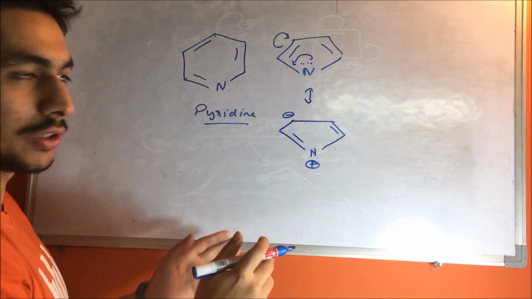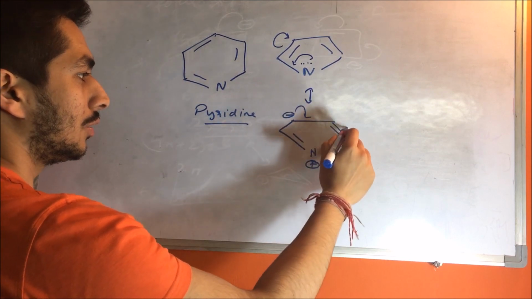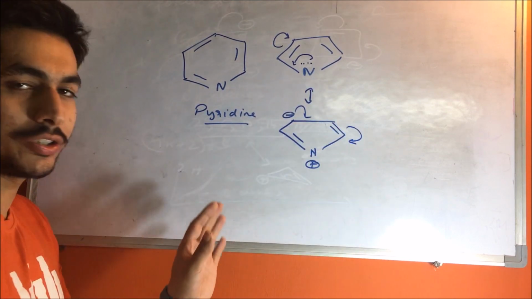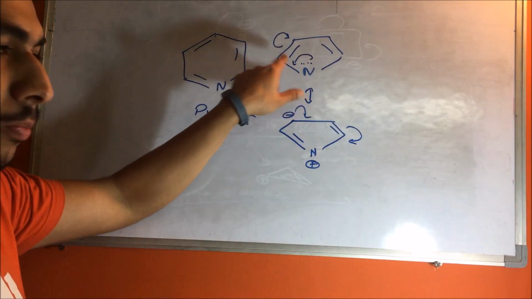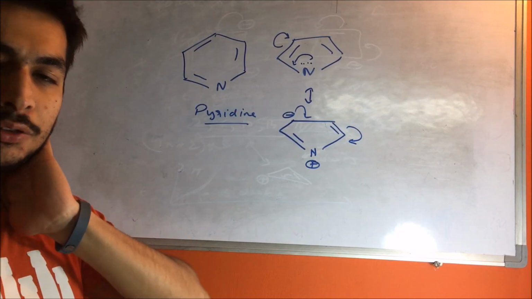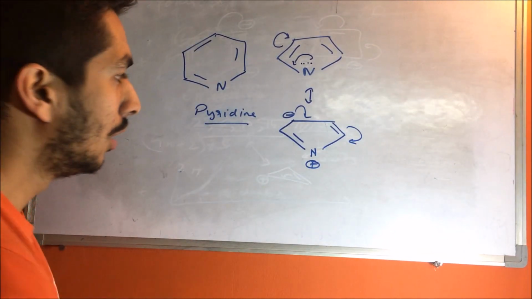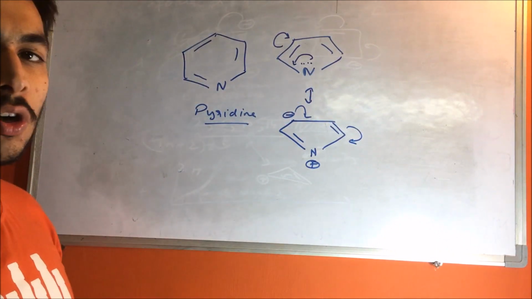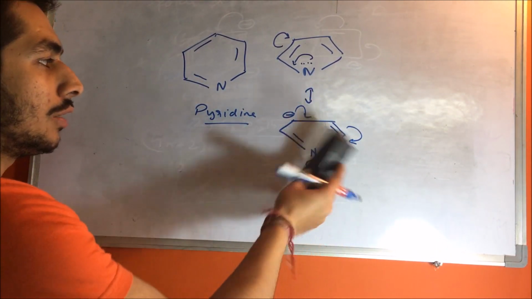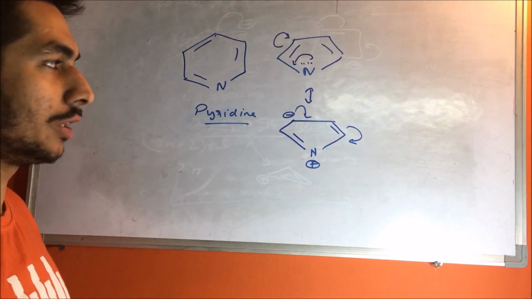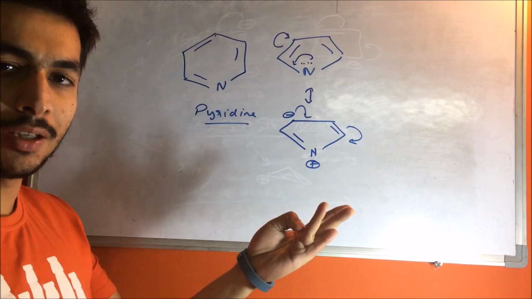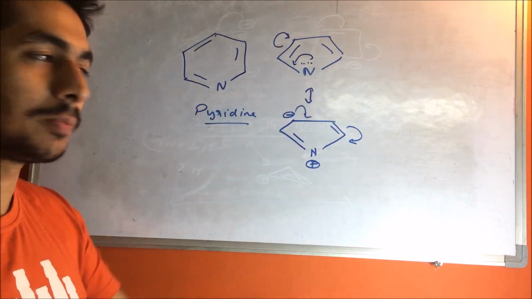Then again the conjugation is there, and this negative charge moves over here. The nitrogen lone pair is available for resonance, and hence we get a 6 pi system and it becomes aromatic, because it's cyclic, planar, conjugated, and a 6 pi system.